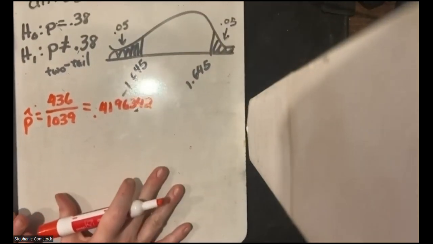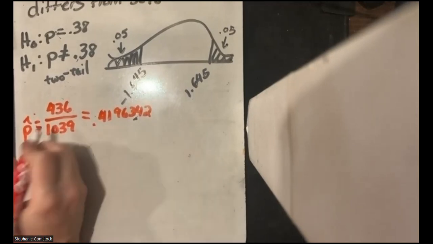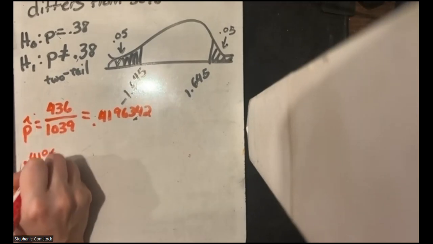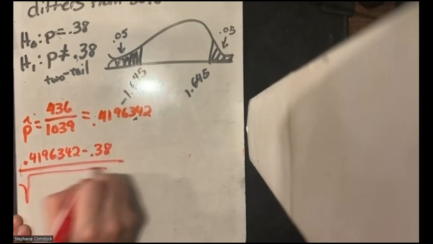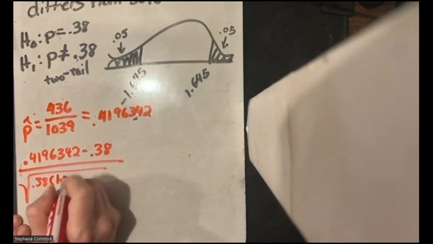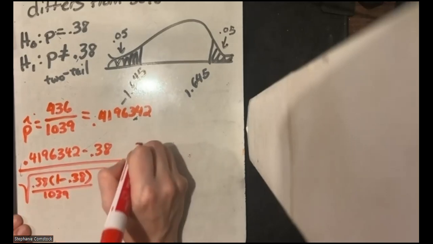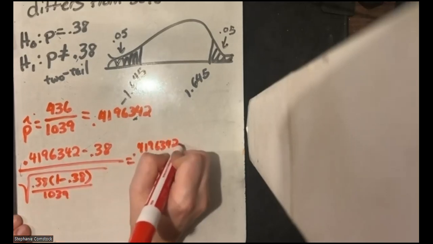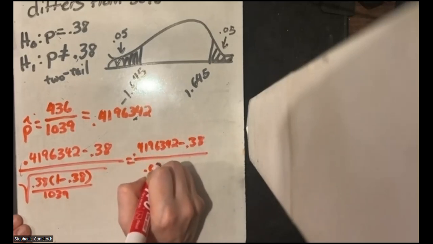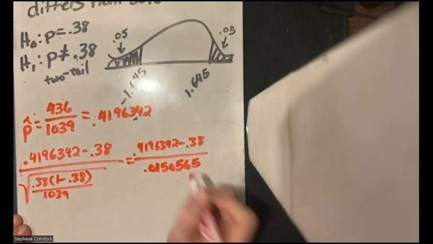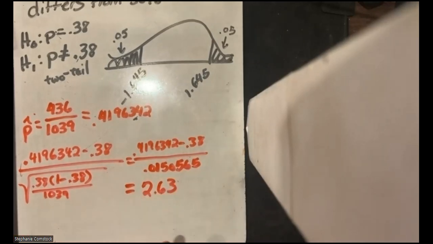So I have P hat, 0.4196342 minus 0.38 divided by the big square root of 0.38 times 1 minus 0.38 over our 1,039. So our test statistic is this 2.63.